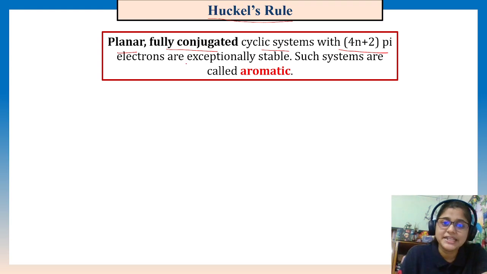So not only benzene, we have other compounds too. So three things are there: planar, fully conjugated, cyclic systems with 4n plus 2 pi electrons.